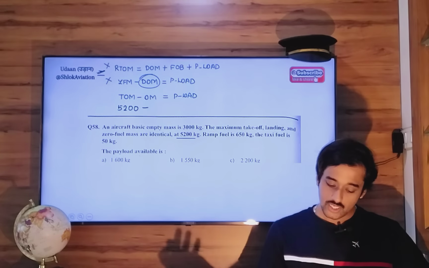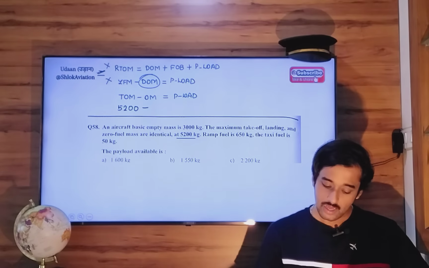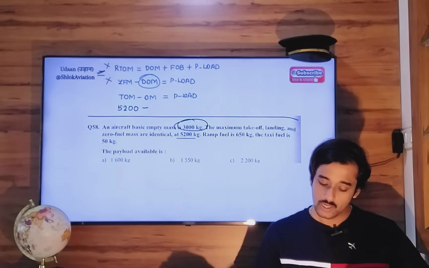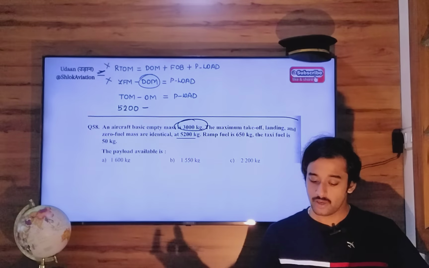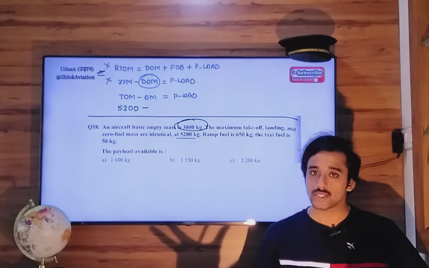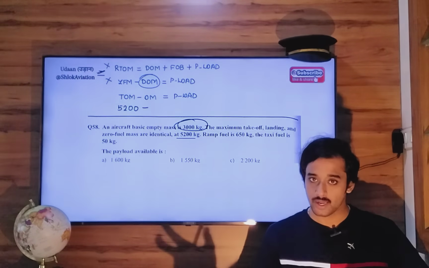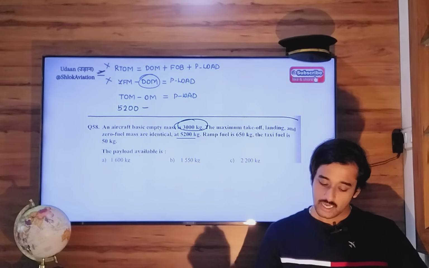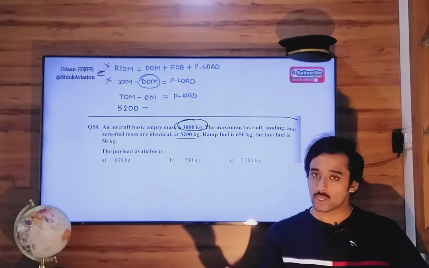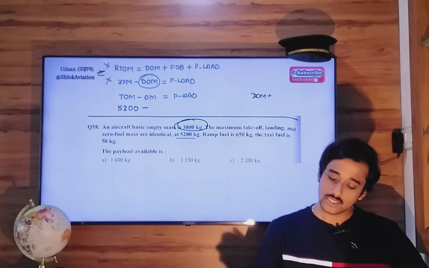Now in this question, we do not have dry operating mass. We do have basic empty mass. So what we can do is consider basic empty mass to be equal to dry operating mass, because this aircraft seems to be a light aeroplane, right? So if we consider that possibility, basic empty mass equal to dry operating mass, then DOM plus takeoff fuel.